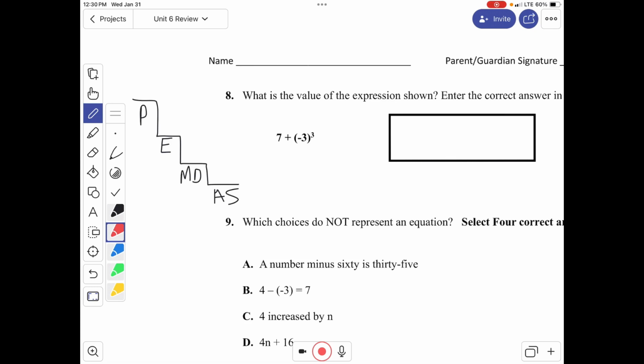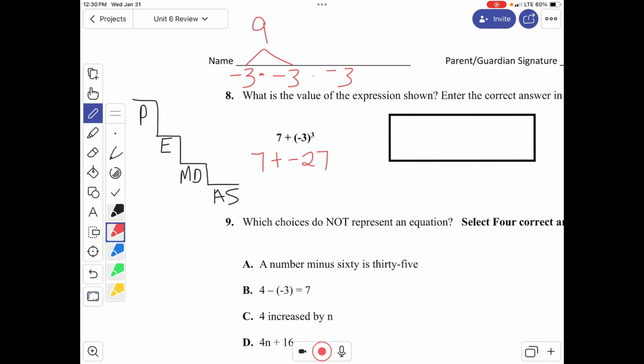What we have is an exponent, so that's 3 to the 3rd power. -3 times -3 times -3. So -3 times -3 makes a +9. And +9 times -3 makes a -27. And then I still have a +7.